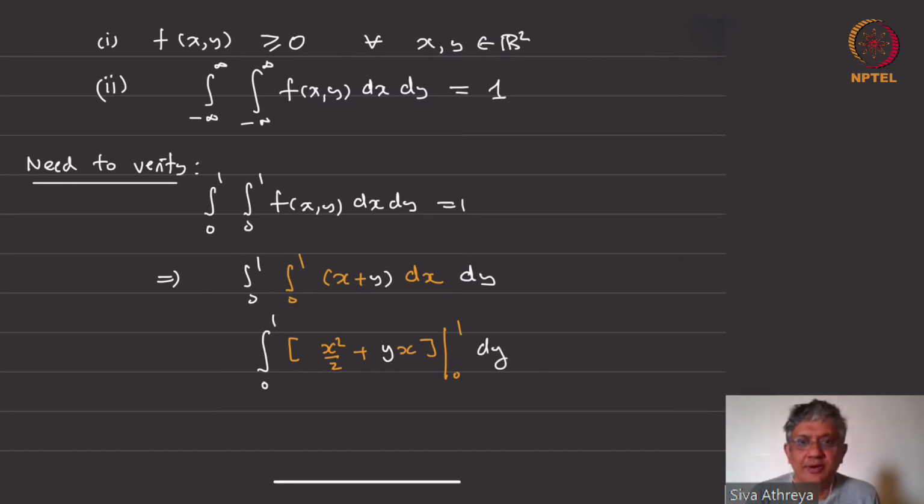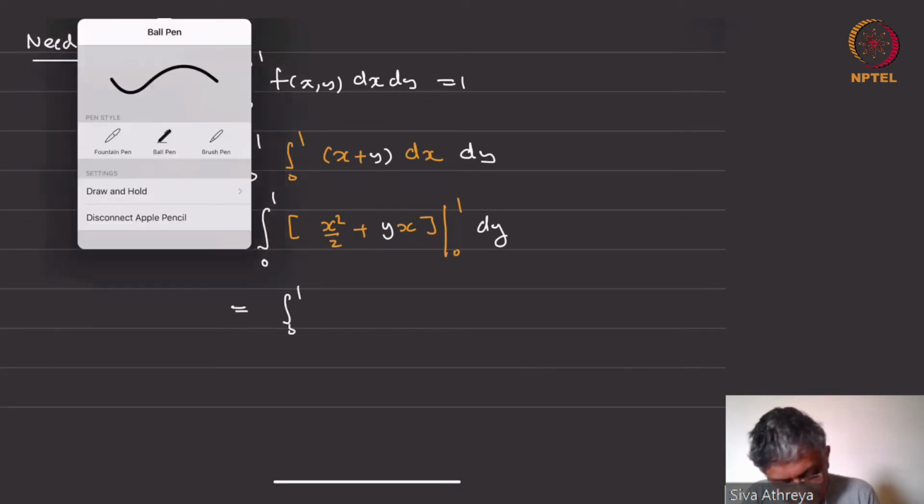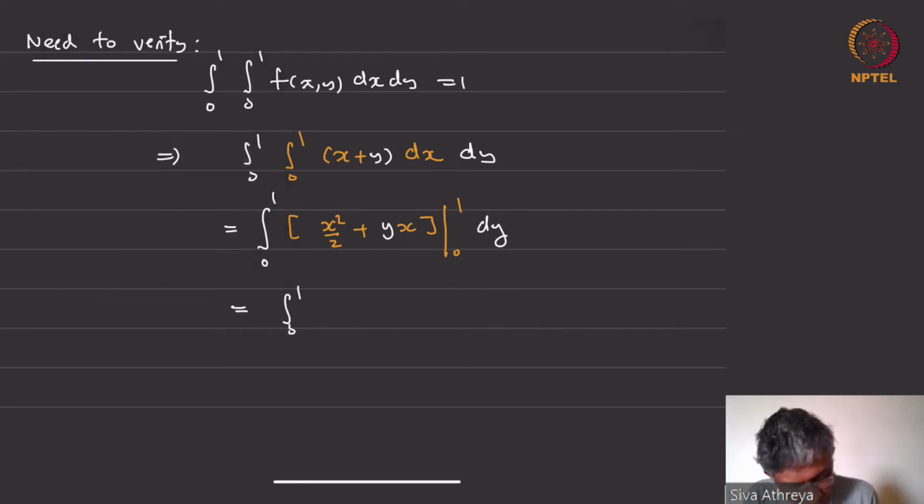Very good. So this is the same as the integral from 0 to 1, and now I'll change everything to white. If I put x equal to 1, I get 1/2 plus y times 1, and at 0 everything becomes 0. This I have to integrate with regard to dy.